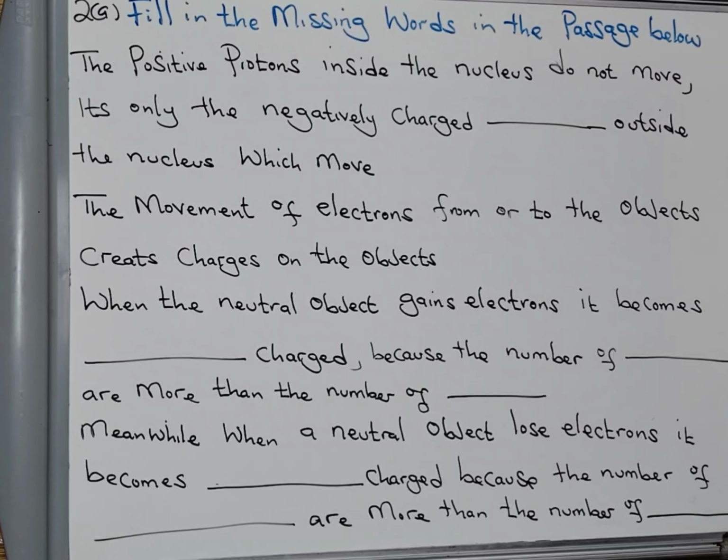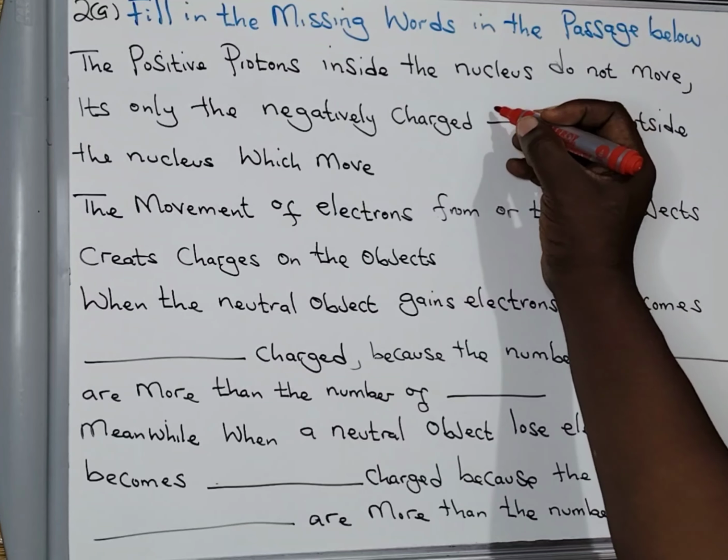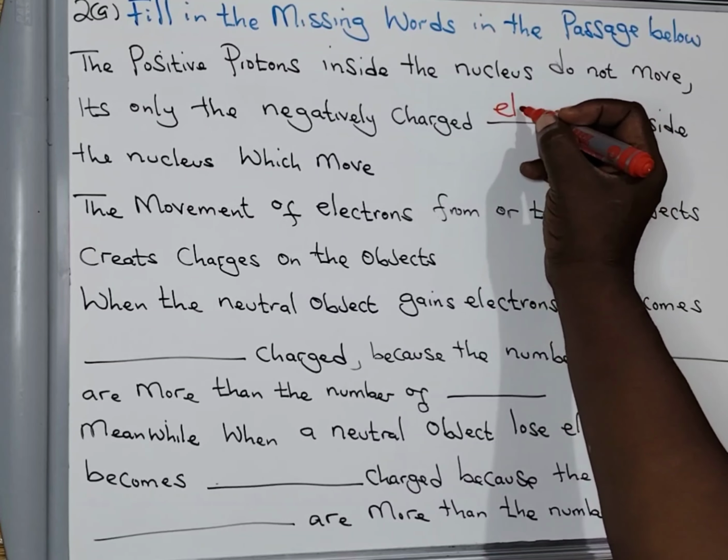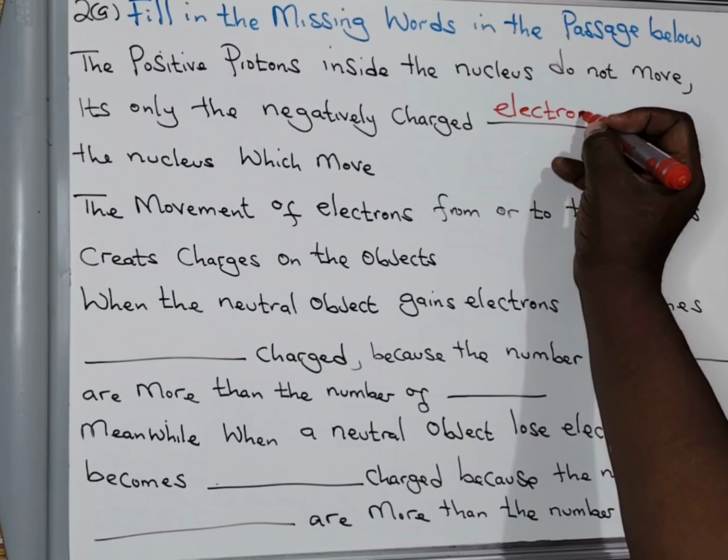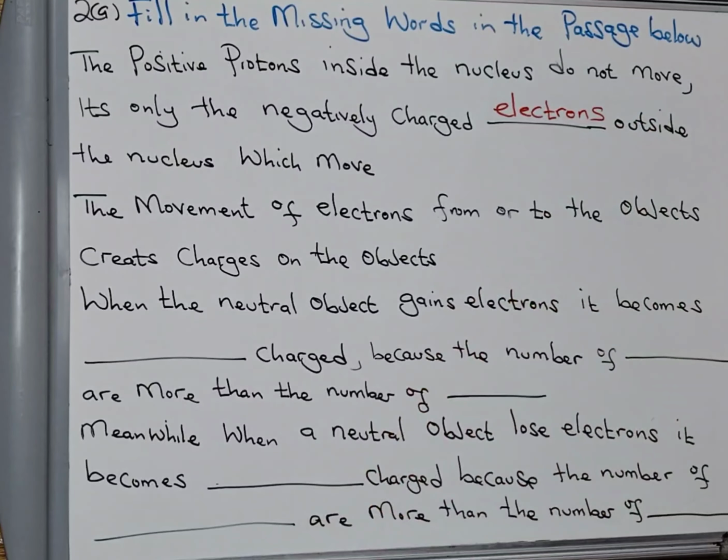So what are those negatively charged particles outside the nucleus? We know them. They are electrons. It is only electrons which move. Protons do not move.